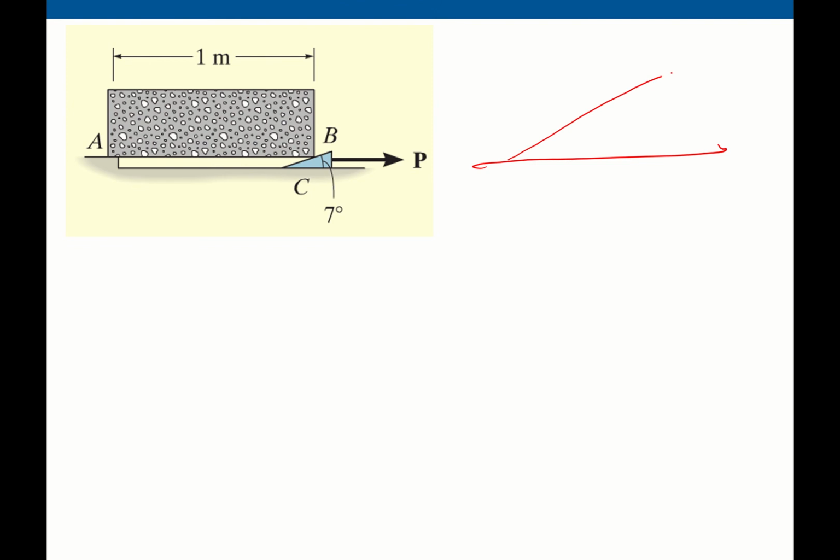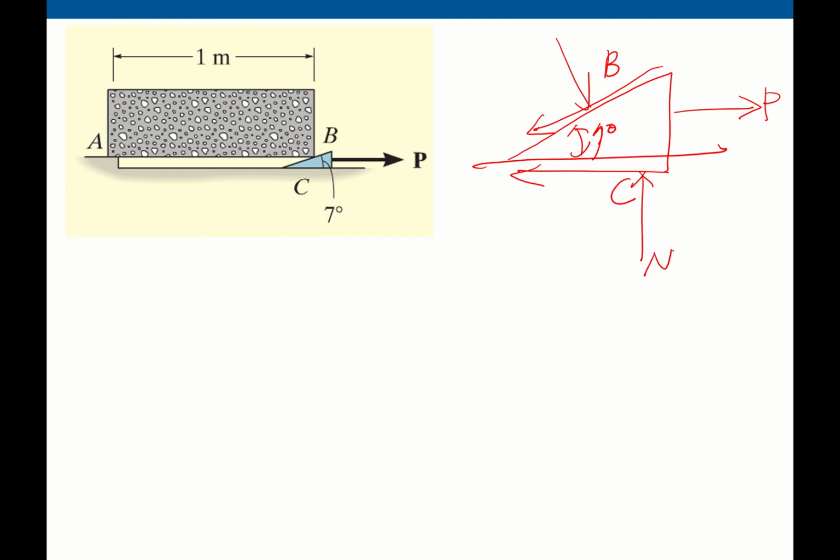We have a wedge part. Finally, this is 7 degrees. Okay. Contact points B and C. And there are two frictional forces because of the pulling force. We have normal force at point C, NC, this is FC. This is NB, this is FB.